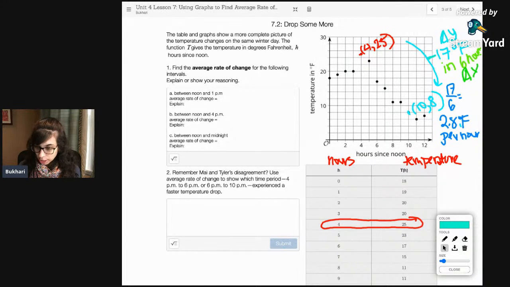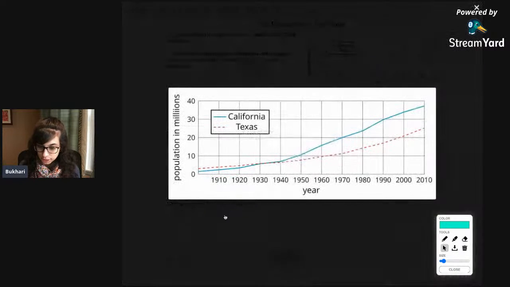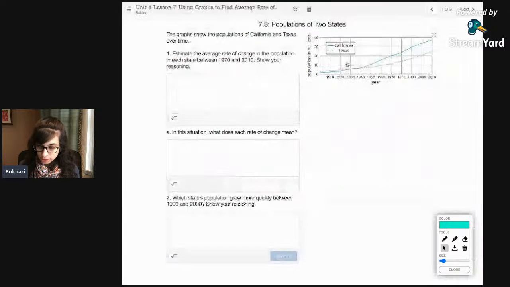And so that is really the main part of this lesson. So I want you to continue to use that idea when we're talking about populations in California and Texas, and if you need to increase your size as well, right? Find those points when we're finding the average rate of change and make sure you show your reasoning. Think about what the average rate of change means in this context, right?